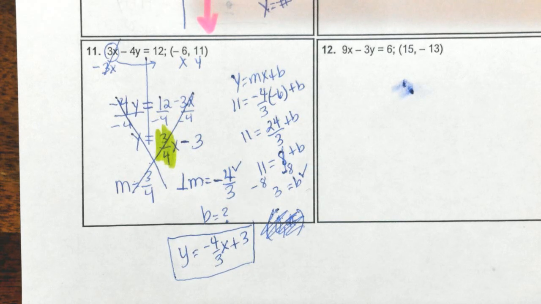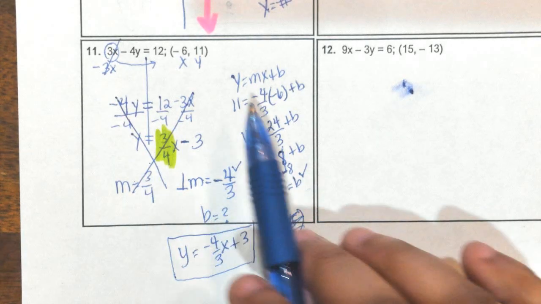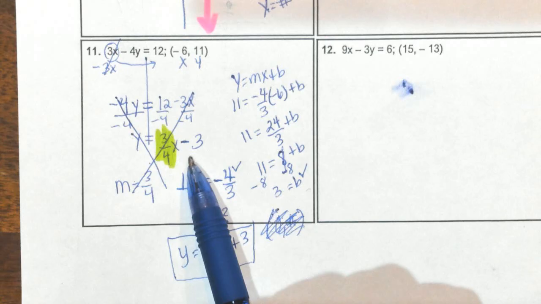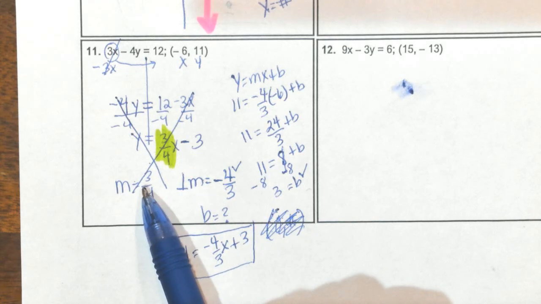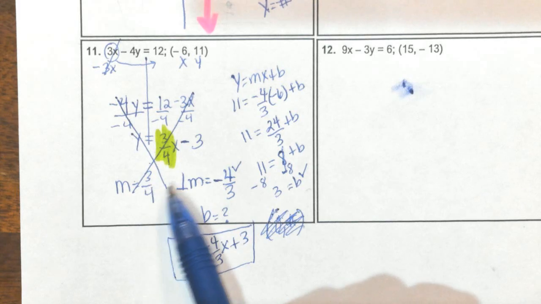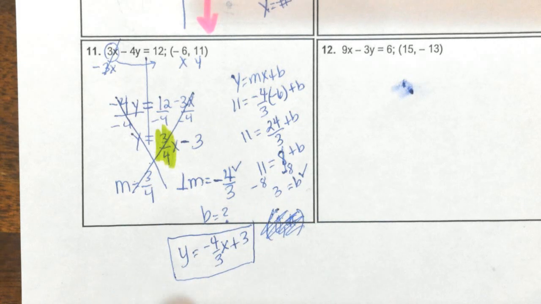So there you go. That's how you do parallel and perpendicular. Okay, if this were parallel, I would just use the same slope. But your process is still the same. If it's in standard form, you have to solve for your y. Once you solve for your y, you can pull out your slope. Parallel means I use the same slope. Perpendicular means that I have to change it to my opposite slope. That means opposite reciprocal.